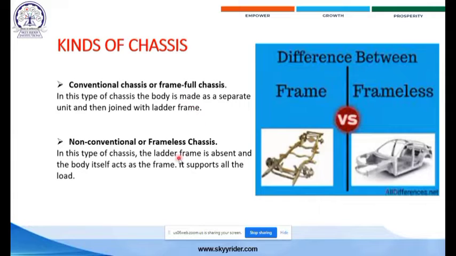But in a frameless chassis, the body acts as a chassis and contains all the loads. Now see, this one is a frame chassis and this one is frameless, where there is no chassis, and the total body works as a chassis. It carries all the load upon the body.